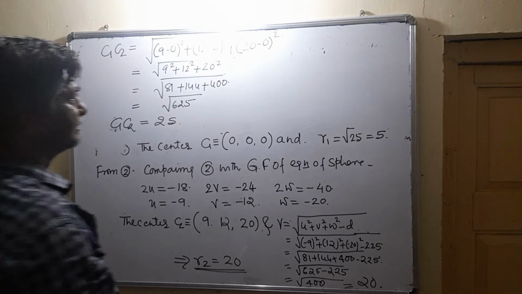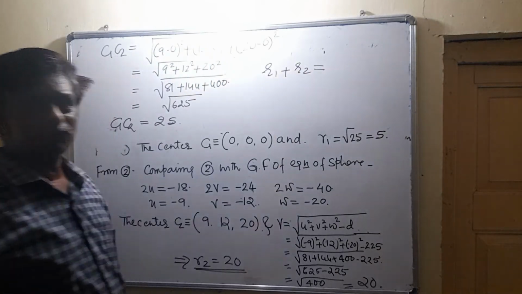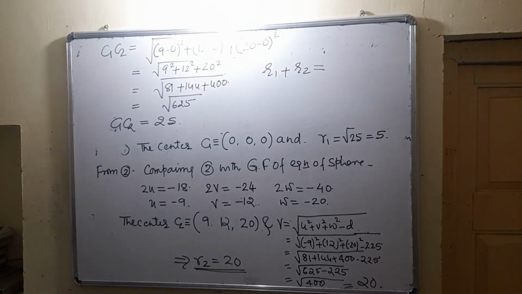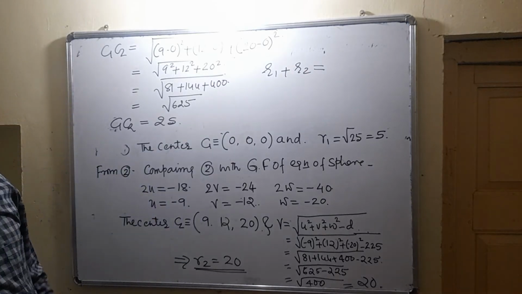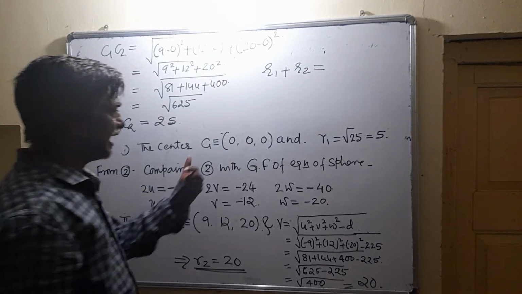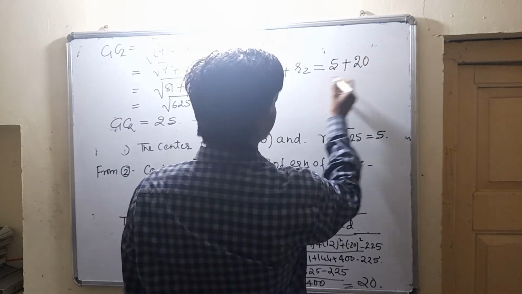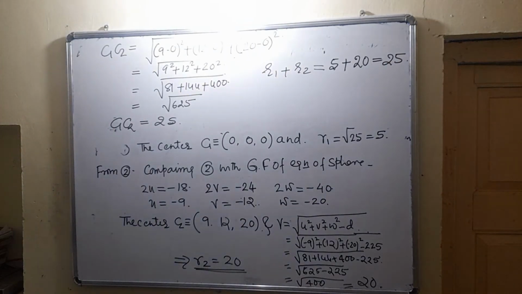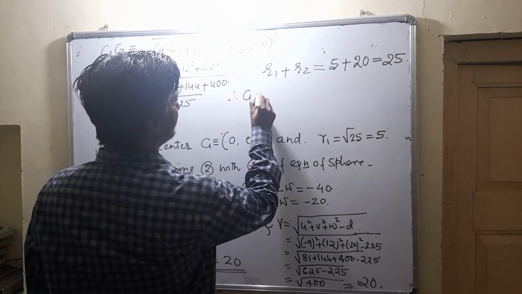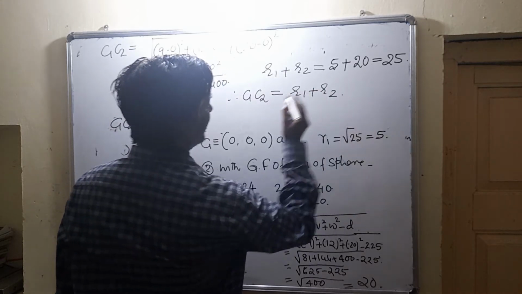Then R1 plus R2. He is asking to show that the spheres touch externally. Externally means C1C2 equals the sum of the radii. R1 is 5 plus R2 is 20, which is 25. So C1C2 equal to R1 plus R2.